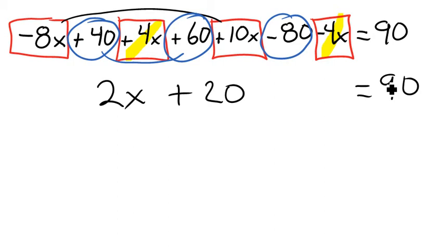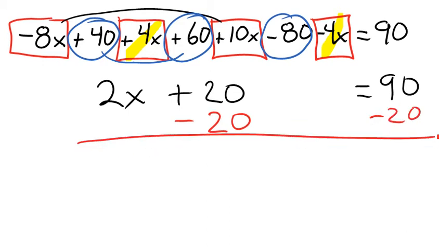So what now? I need to subtract 20. So that's gone. I'm left with 2x, and that's 70.